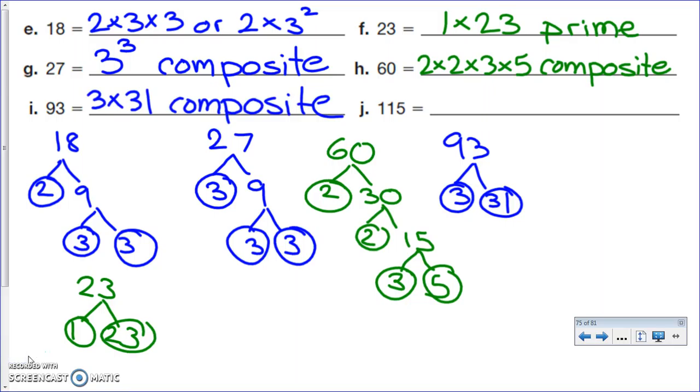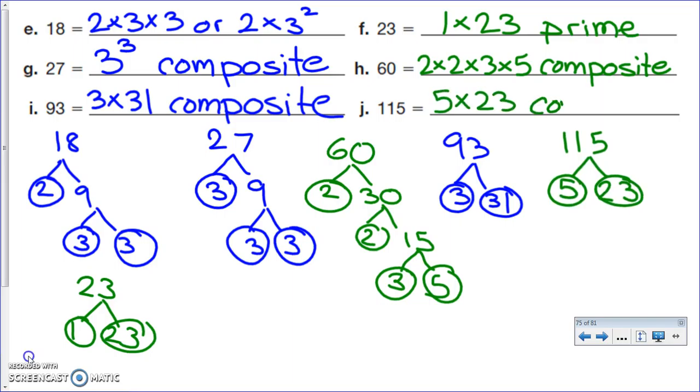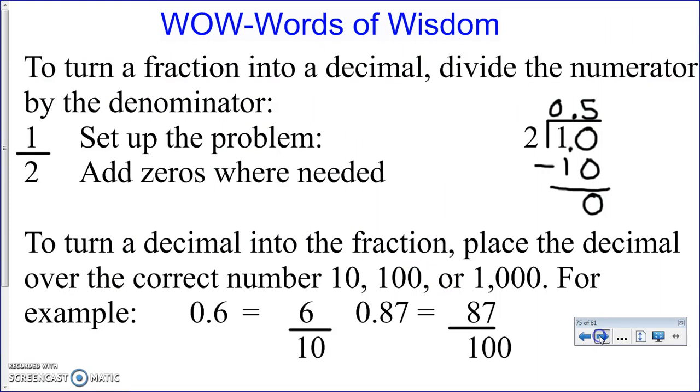Finally, we're going to do 115, which we know is 5 times 23. So that makes 115 a composite number.